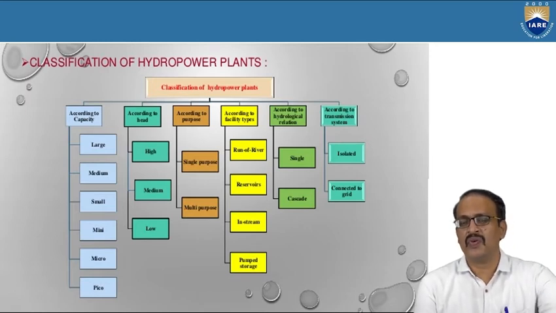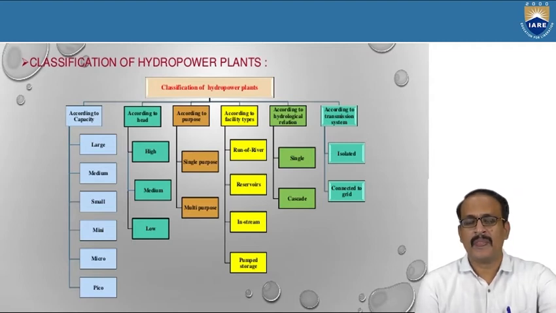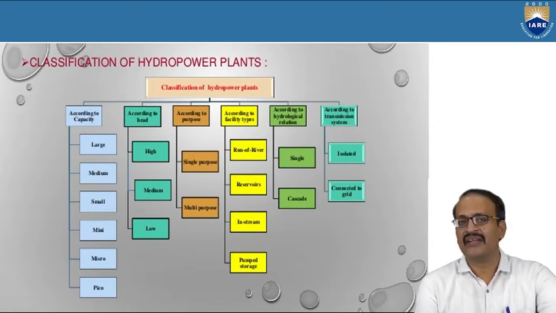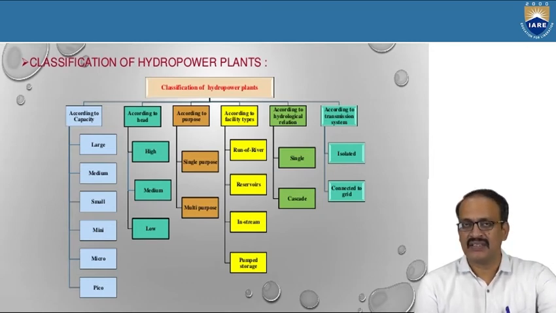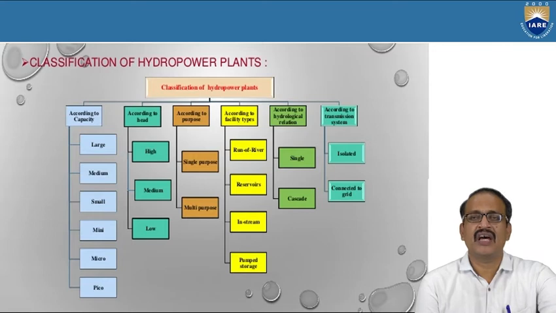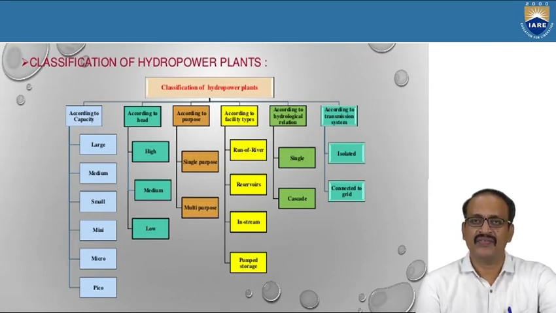See, if you go to the KG Basin, the Godavari Delta, the people are getting more water for agriculture purposes. But why are they unable to construct large or medium dams there?